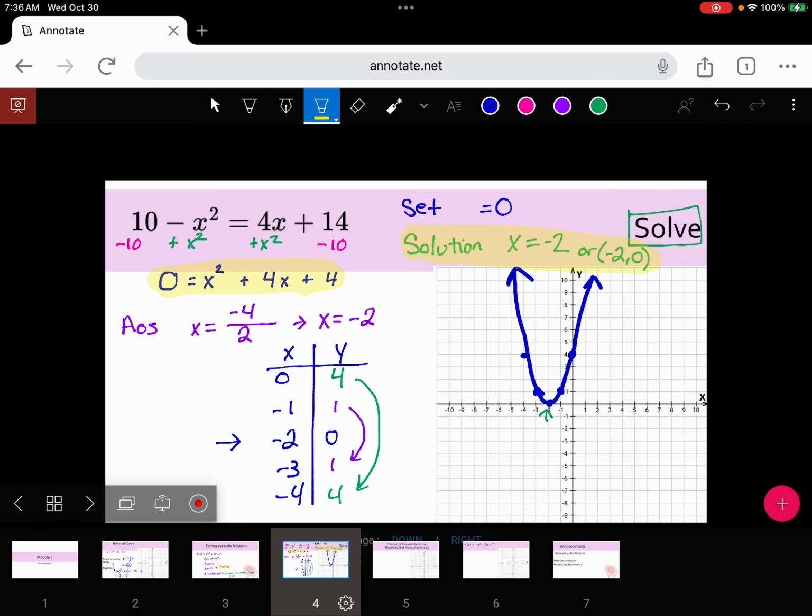So we're looking for those x-intercepts, those roots, those solutions, those zeros. Questions on this one?